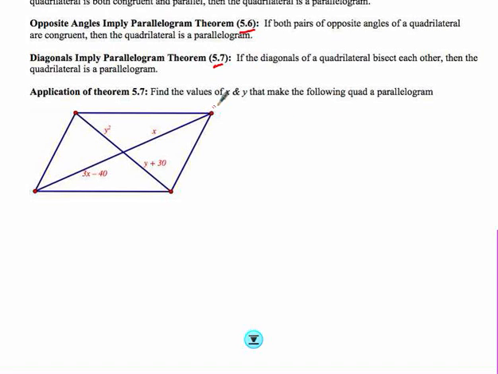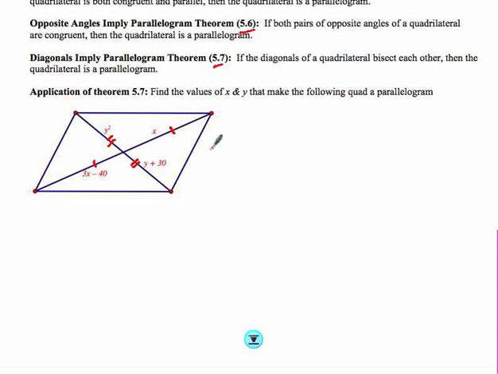In order for this figure to be a parallelogram, the diagonals must bisect each other.